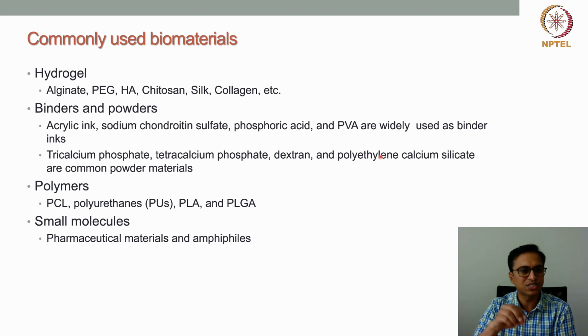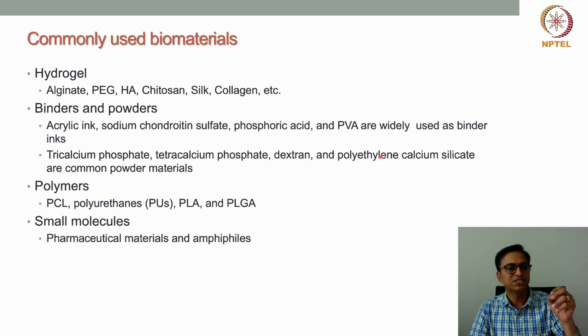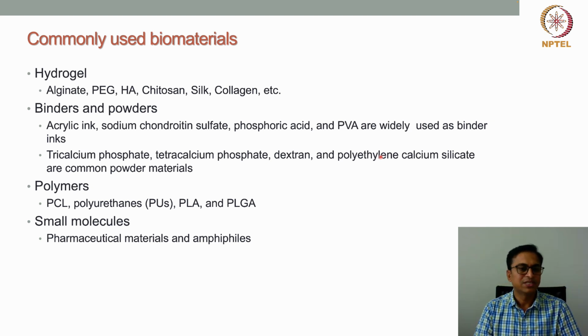As soon as this aqueous or organic liquid medium touches the powder bed where the binders are already pre-mixed, it will dissolve the binder, and then the binder will bind the powders. Or the other way is we can directly generate droplets of the binder solution, and then that can be used for making 3D structures.